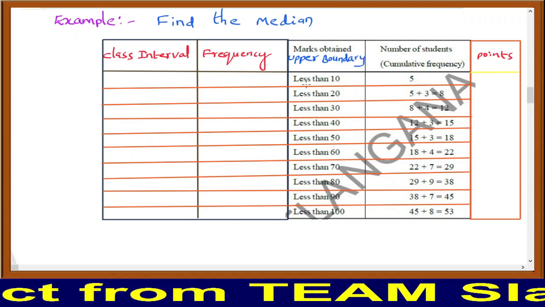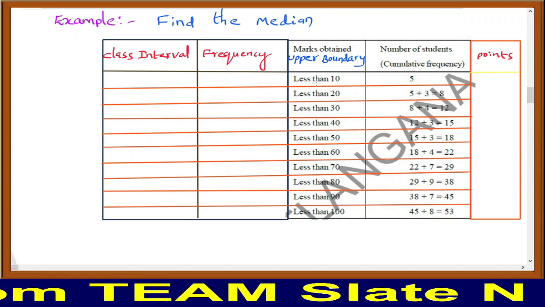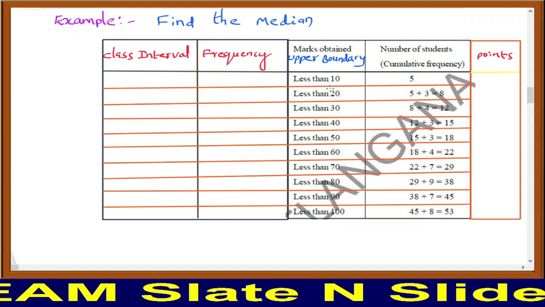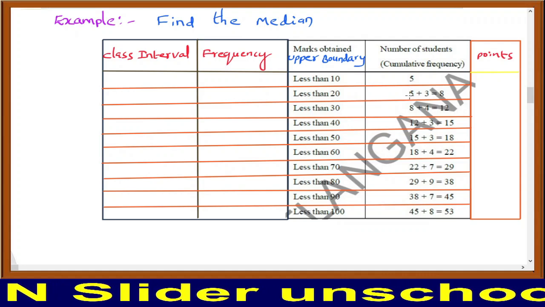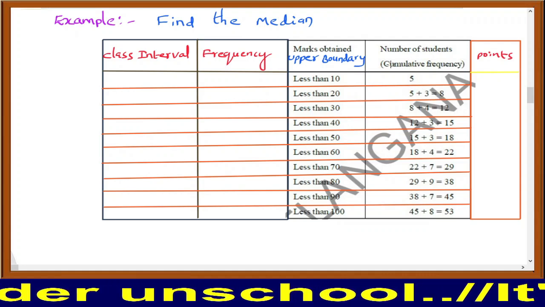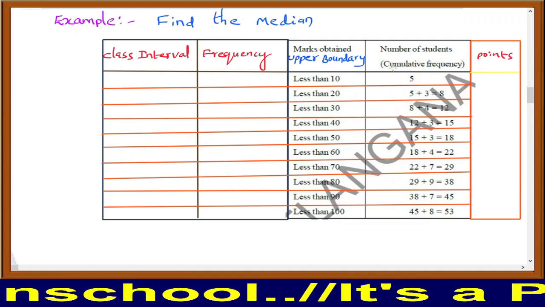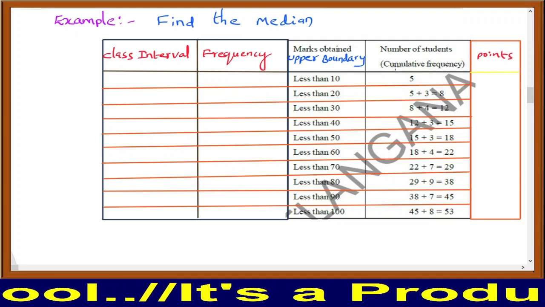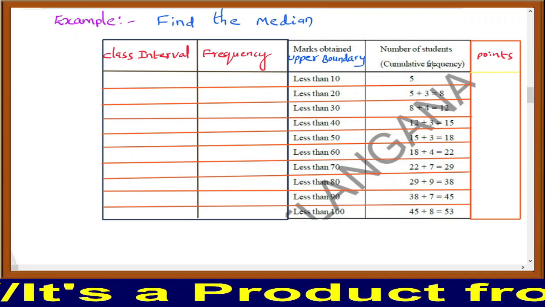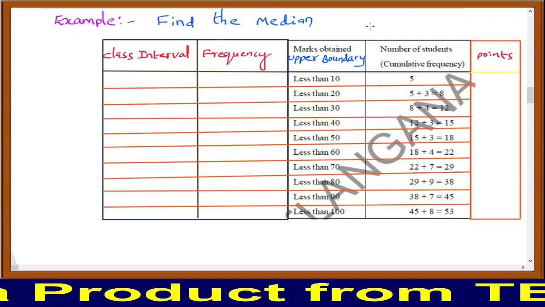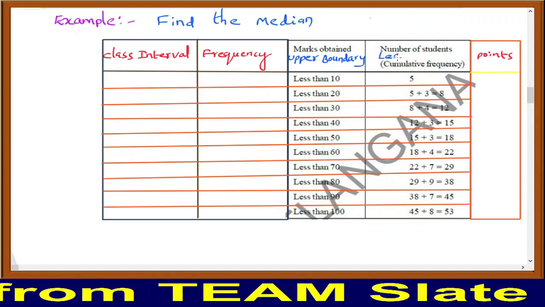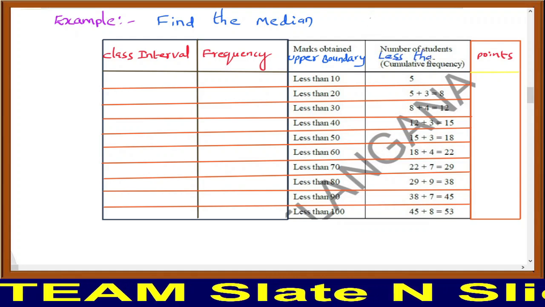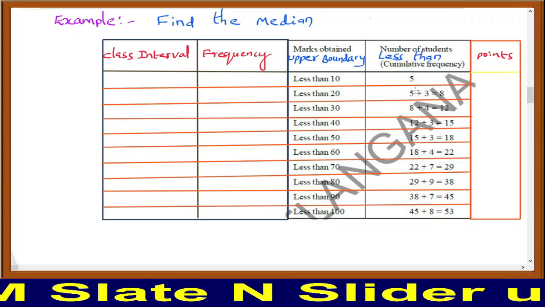So number of students who got below 10, that means less than 10, is 5 students, and in below 20 these 5 students will be included, so that we got 8. So now this number of students in the bracket itself you have been given is the cumulative frequency. So this will be less than cumulative frequency. Here only cumulative is written, but actually this is less than cumulative frequency.